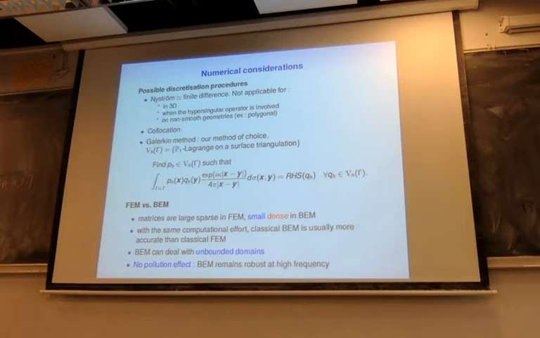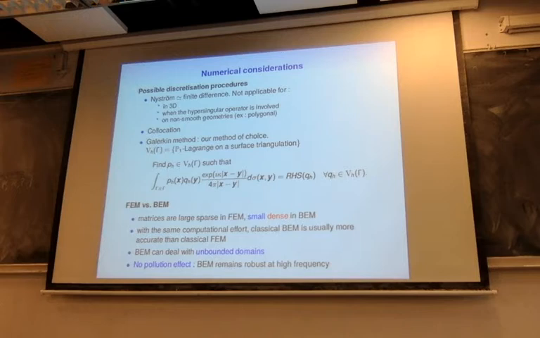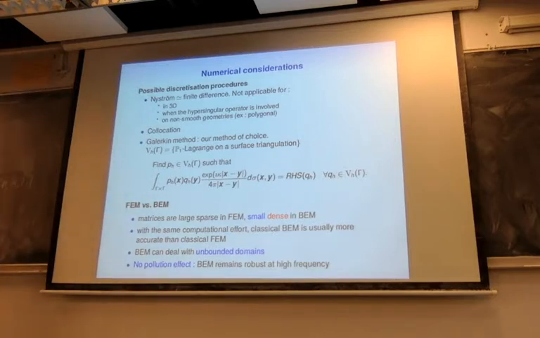The main discretization methods are, first, the Nyström method, which more or less consists in a finite difference discretization for integral operators. But it's not applicable in 3D because you need to know efficient quadrature formulas for arbitrary surfaces. It's also not really applicable on non-smooth geometry, even in 2D.